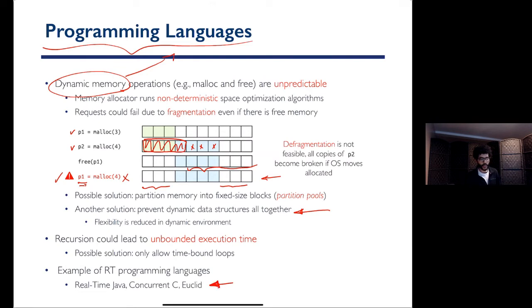Although these are mostly academic, I don't think any of these are used in practice. These are usually academic projects targeting real-time systems from the perspective of programming languages, like real-time Java, concurrent C, and Euclid.